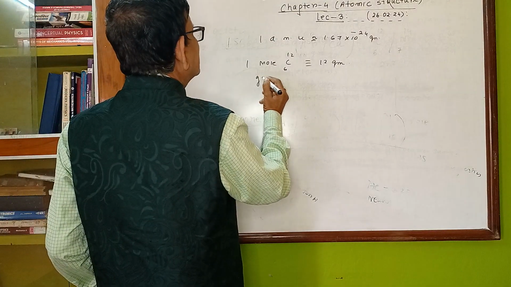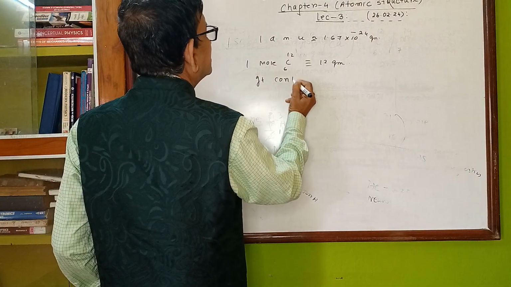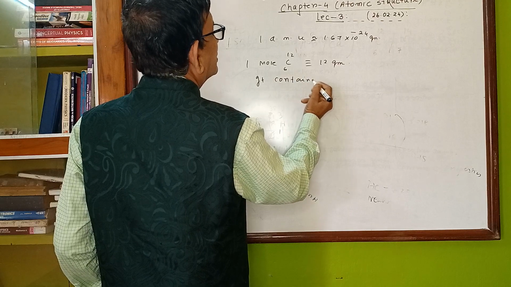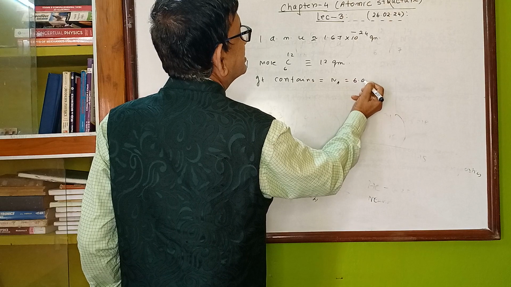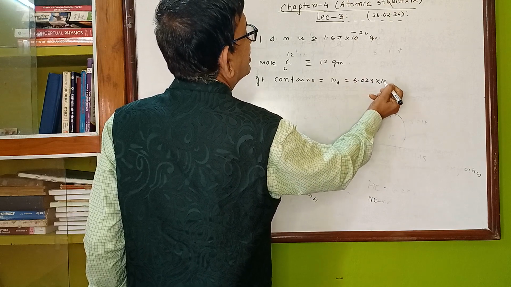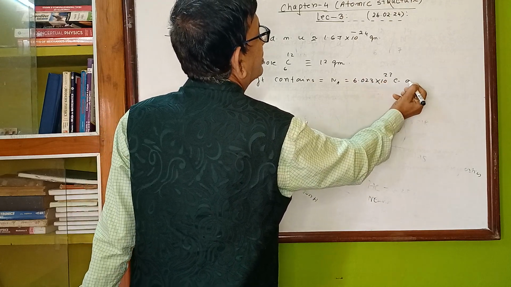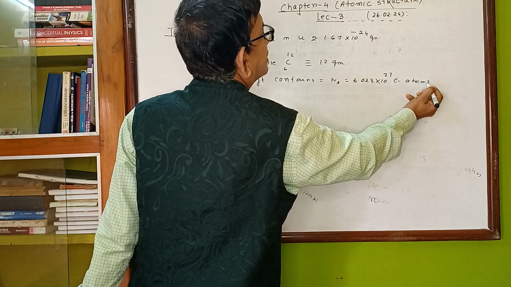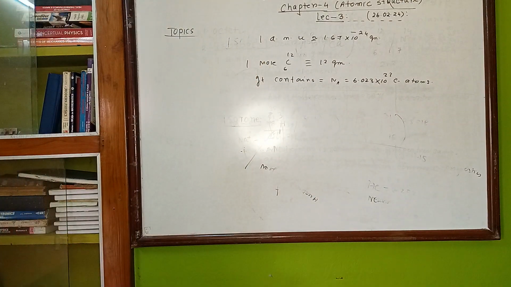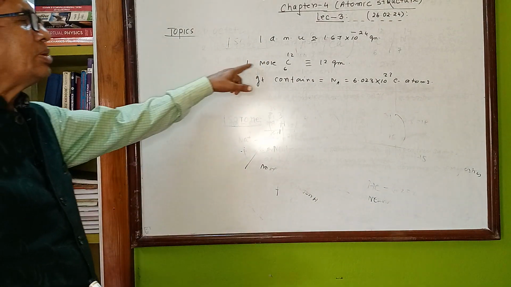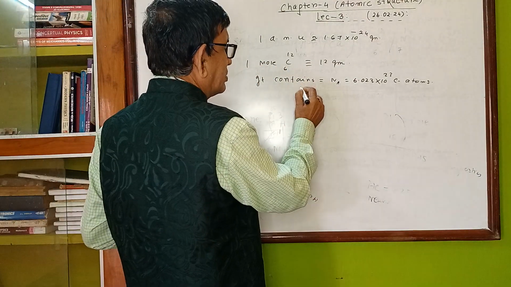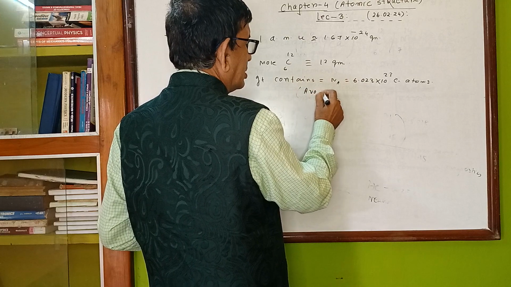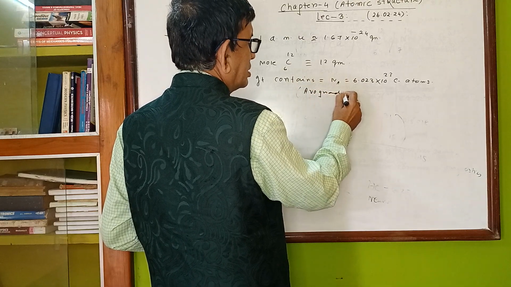It contains the Avogadro number, that is NA, 6.023 into 10 to the power 23 carbon atoms. Clear? So 1 mole, you take 12 gram. It contains the Avogadro number.